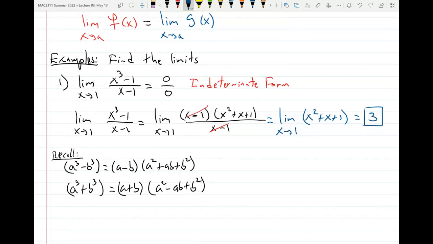Then let me say something about this in case you may be wondering, well, what if I don't remember this factoring formula? What if it would have been x to the 4 minus 1 or x to the 5 minus 1? How do you do that? Because again, you can factor it, because as you know, if 1 is a 0, x minus 1 must be a factor. So I want to remind you that in those cases, we do division, right?